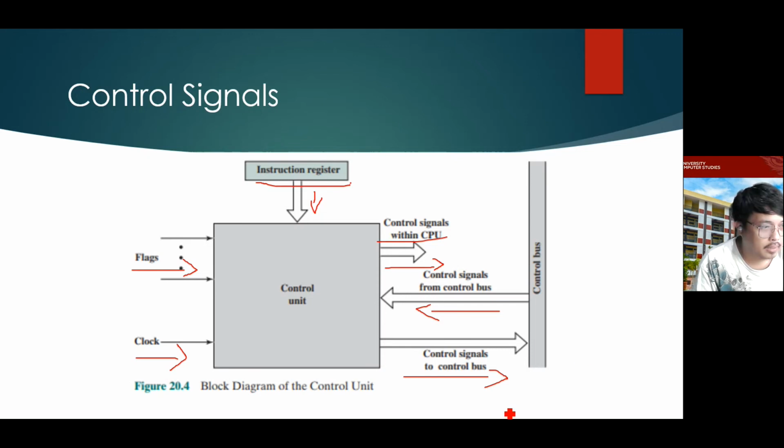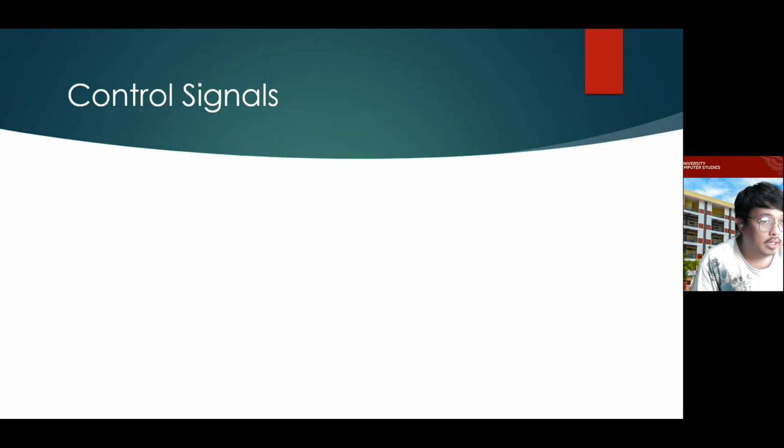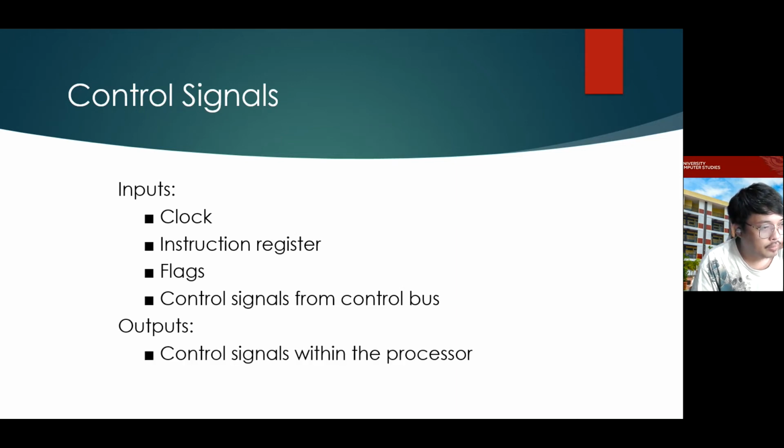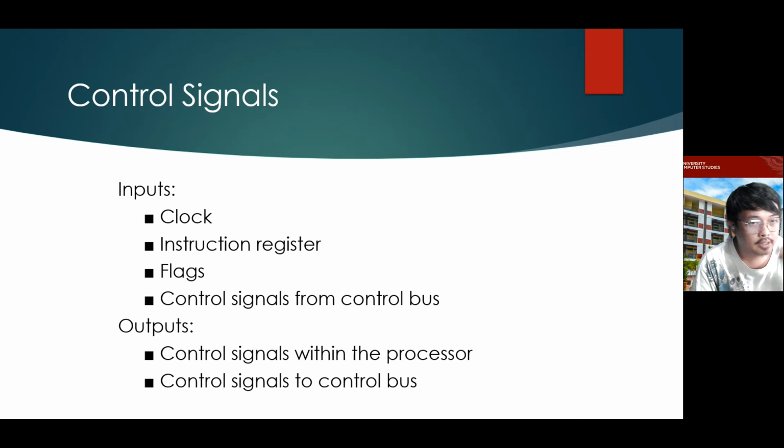Okay. Now we define the inputs and the outputs. Again, the inputs are the clock, the instruction register, the flags, and the control signals from the control bus. For the outputs, we have the control signals within the processor and the control signals to the control bus. The clock input shows how the control unit keeps time.